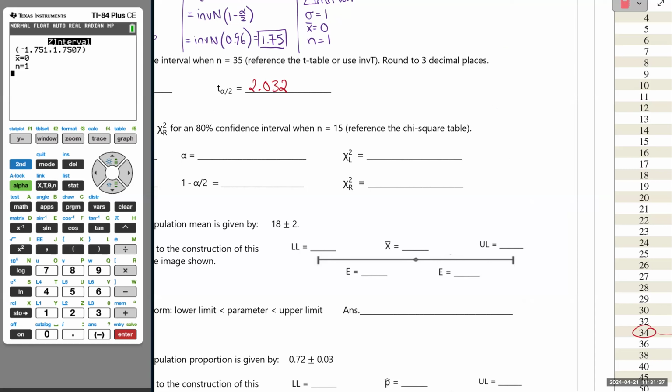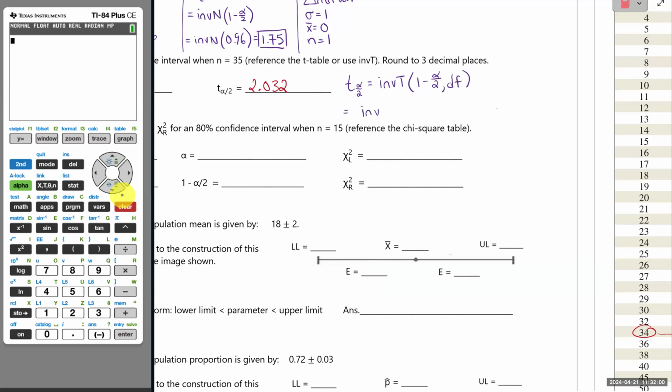All right, so if you would like to find that value on the calculator rather than the table, then you'll need T alpha over 2. So if you have an inverse T function, it will be 1 minus alpha over 2, comma, and the degrees of freedom.